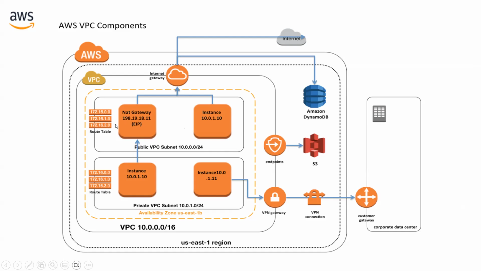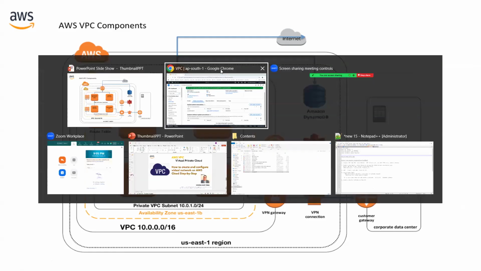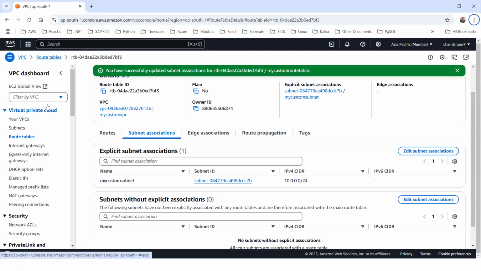At this stage, our VPC is ready and the subnet is also ready, and that VPC is connected to the internet with the help of the internet gateway. Now we can create any instance, any virtual machine within this VPC itself, and that virtual machine should be accessible from the internet, from the outside world. So that is the step we need to see. Let us see how we can do that.